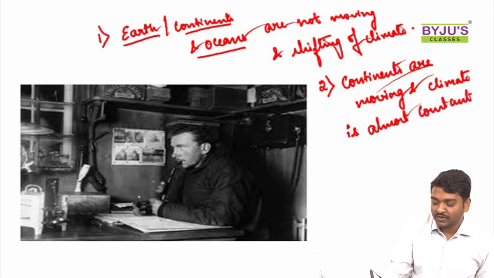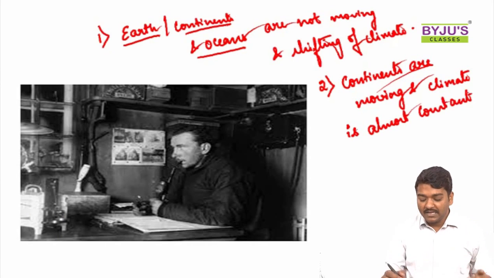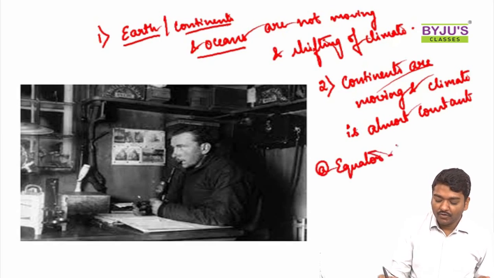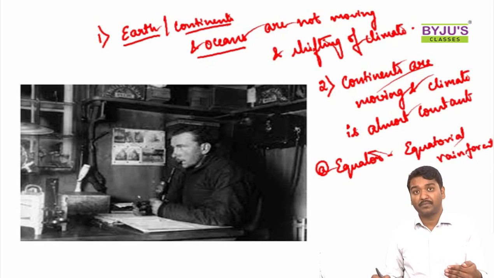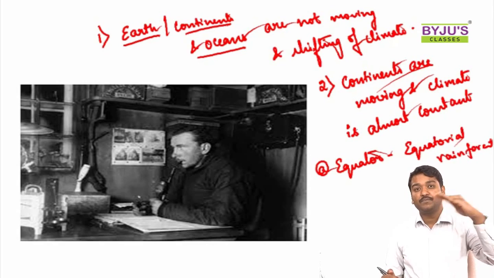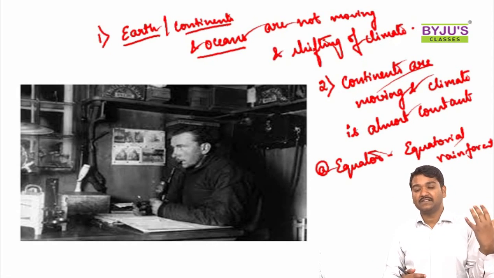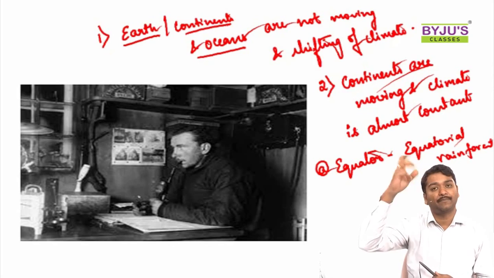When I say climate is constant, I'm not talking about climate change, but what they mean to say is at the equator, you find equatorial rainforest due to high rainfall and high temperature. And at the poles, you see cold, due to the sun's rays falling low. You have seen this in the first chapter itself. So he thought either the continents should be moving or there should be a shift in the sun's rays happening.